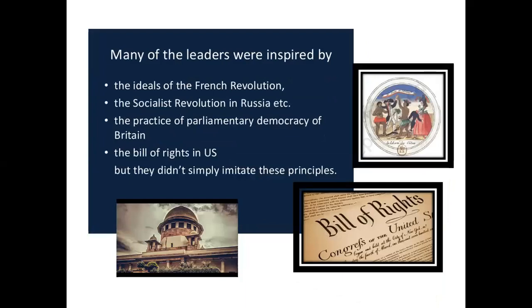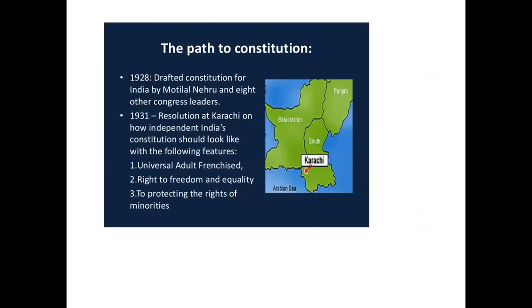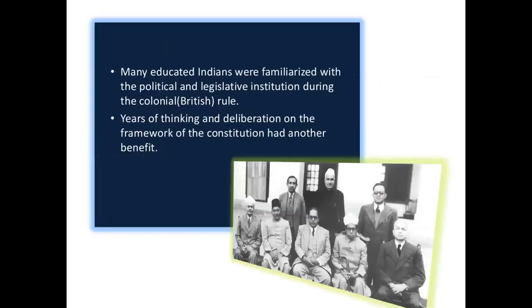Many leaders were inspired by revolutions in different countries, like the French Revolution and the Russian Revolution, and by the practice of parliamentary democracy in Britain, and the Bill of Rights was taken from the US. So this was all a mixture. Whatever decisions were taken in 1928, and then in 1931, some were added to our constitution.